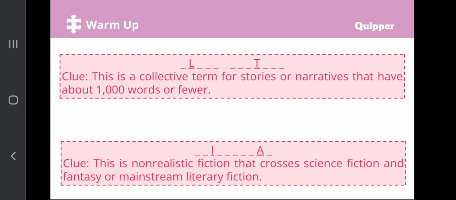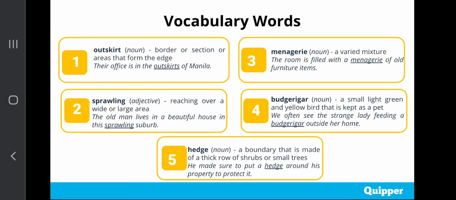Now, in this lesson, class, we are going to identify different vocabulary words that might become familiar or confusing to us sometimes, depending on how we were able to go across these words. So let's try to decode them one by one. First, we have outskirt. Outskirt is a noun which means border or section or areas that form the edge. Example, their office is in the outskirts of Manila.